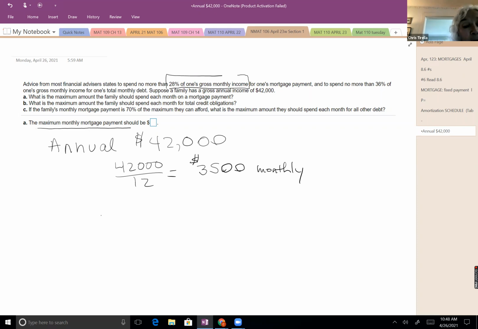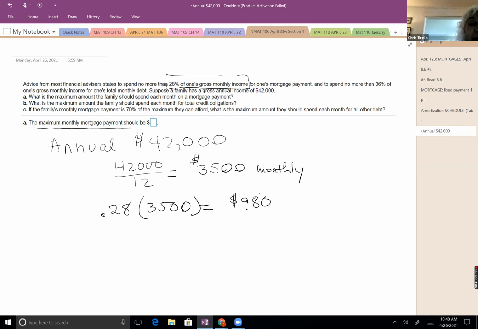And the maximum is 28%. So I'll change that 28% to a decimal and multiply it by the monthly income. And so the maximum that they should pay for a mortgage is $980.